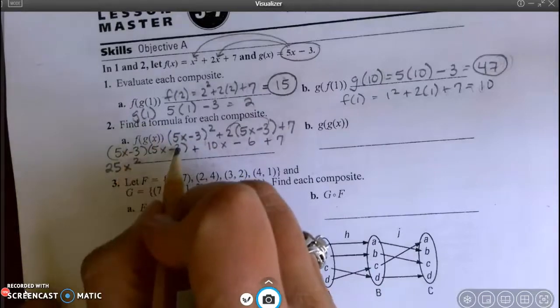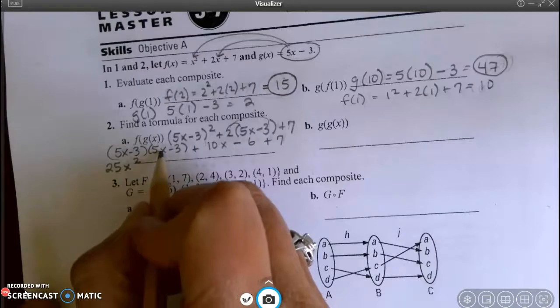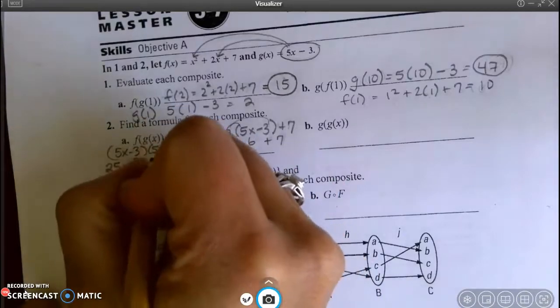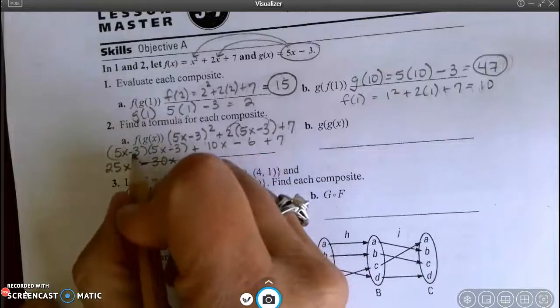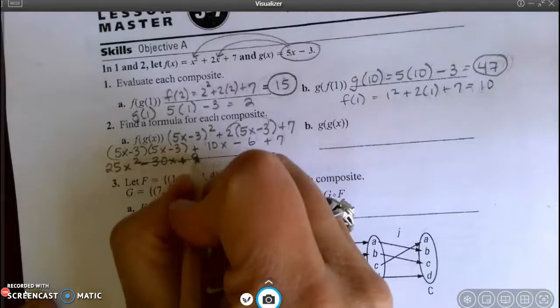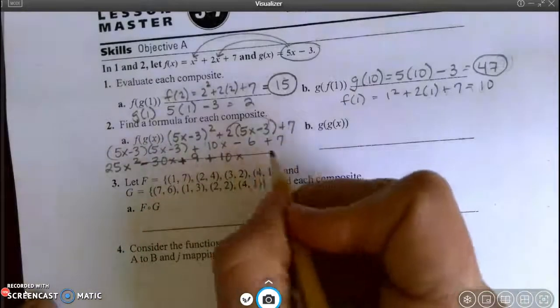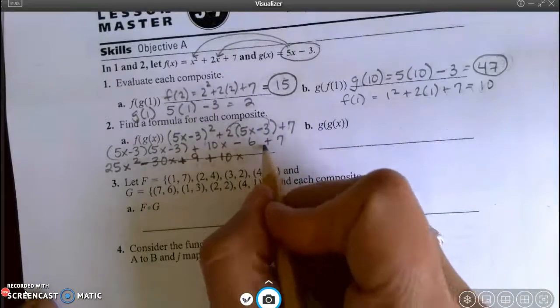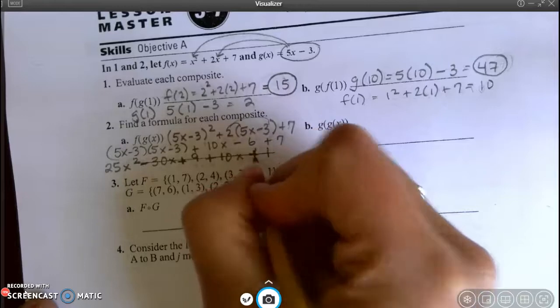Then my outer terms are negative 15x, and my inner terms are negative 15x, which gives me negative 30x. And my last term, negative 3 times negative 3 is positive 9, plus 10x. And I have negative 6 plus 7 is plus 1.